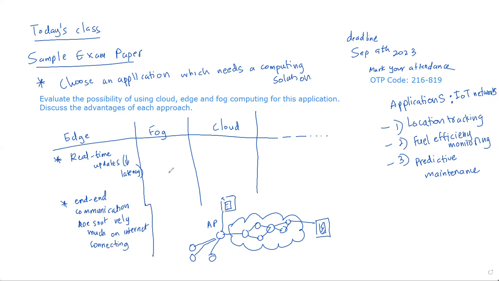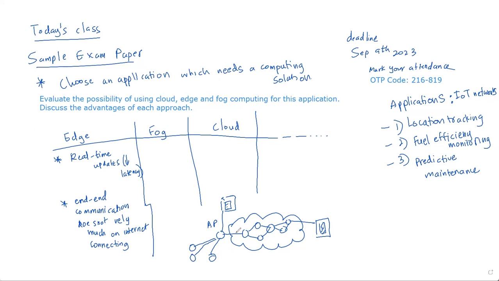So in fog computing and cloud computing, you need to connect to the internet, and then you need to connect to the relevant server which is doing the computing. Therefore, if we lose the connectivity between maybe routers in the public network, then we might lose the connection to the destination node.